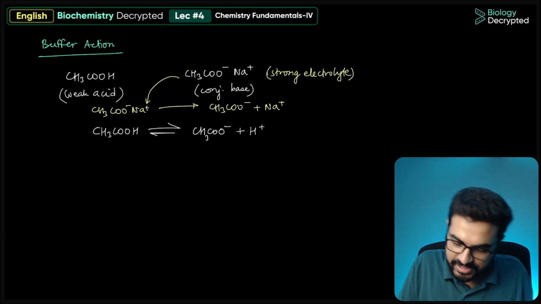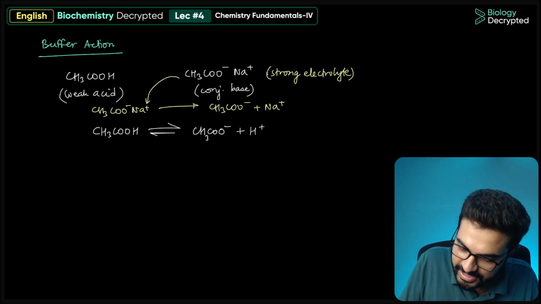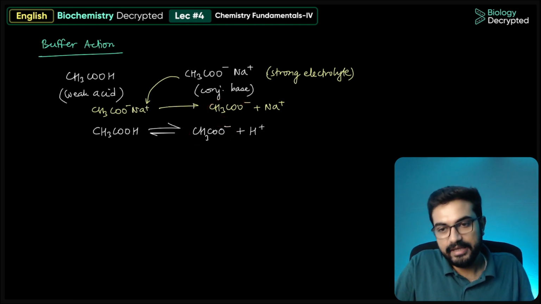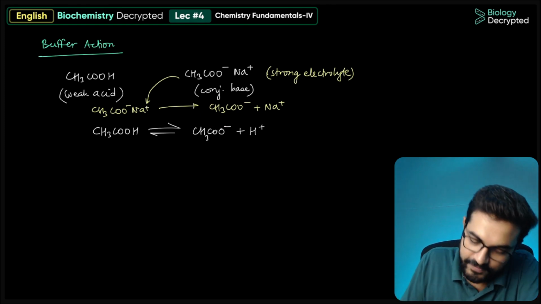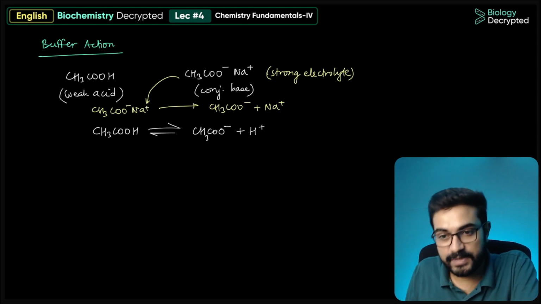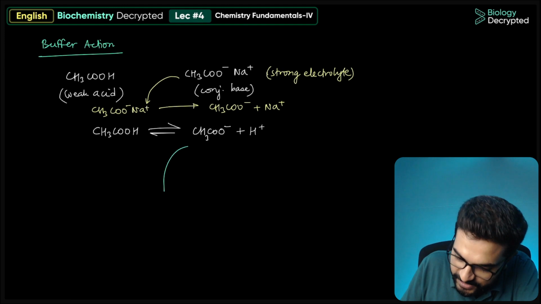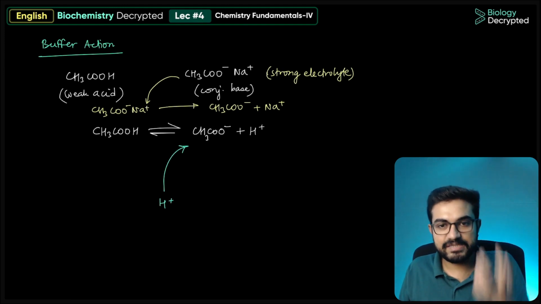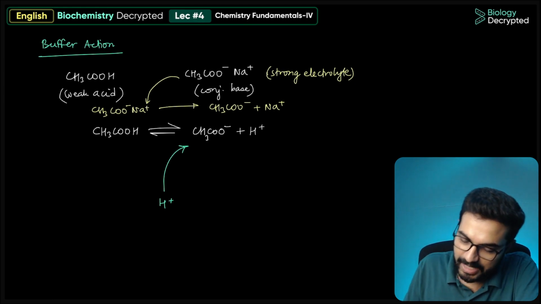Now what you can see here is there is a common ion being added. CH3COO minus is the common ion. Now if you add H plus ions to this solution, for example, if you are adding an acid, suddenly there is a spike in H plus ion concentration.